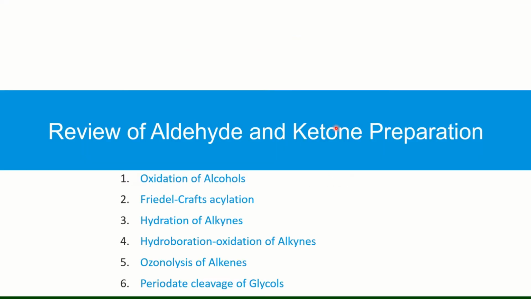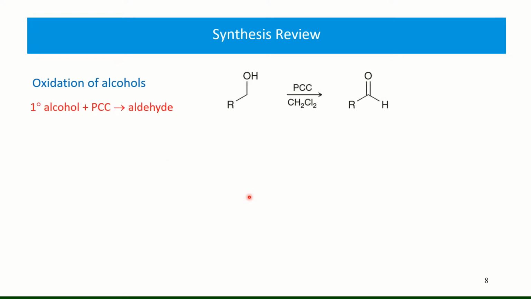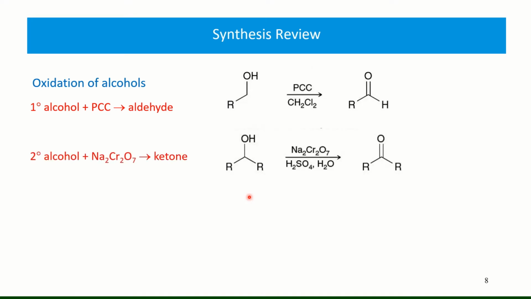So let's review the preparation of these carbonyls: oxidation and Friedel-Crafts. Well, Friedel-Crafts is the only thing that's quite new to you. Everything else is sort of from organic 1. So if you look at it, say you've got oxidation with PCC, this primary alcohol, you get an aldehyde. And here you can see the most I can do with this secondary alcohol is generate a ketone. So here I'm using a strong oxidant, and the best I can do is a ketone.